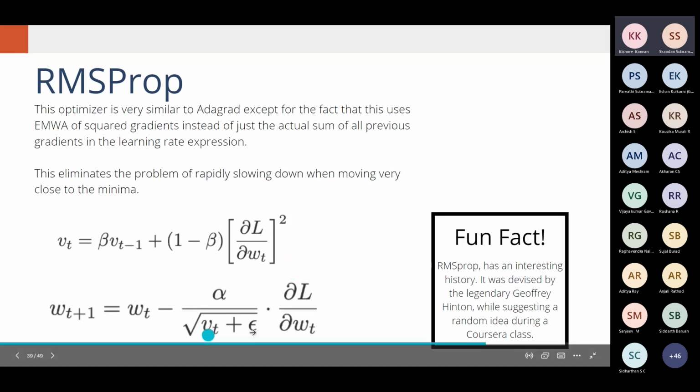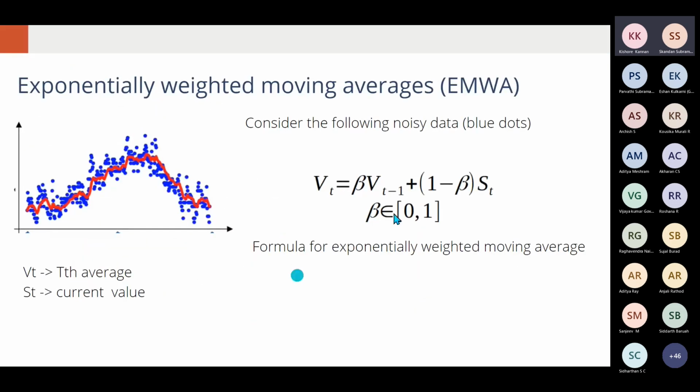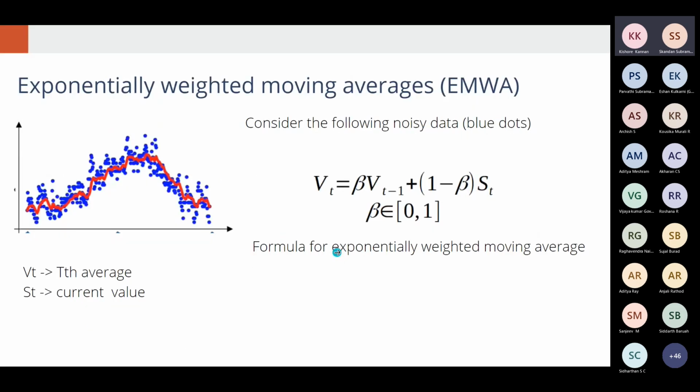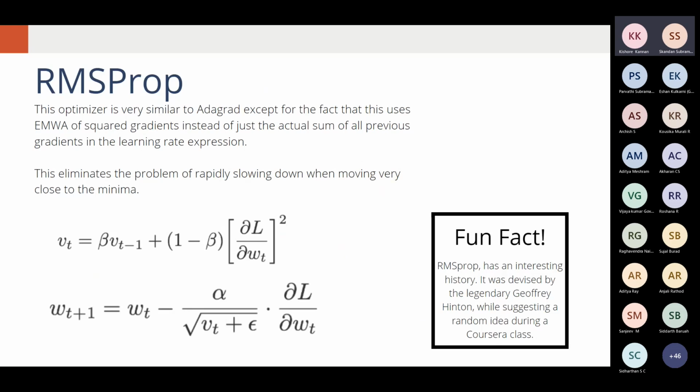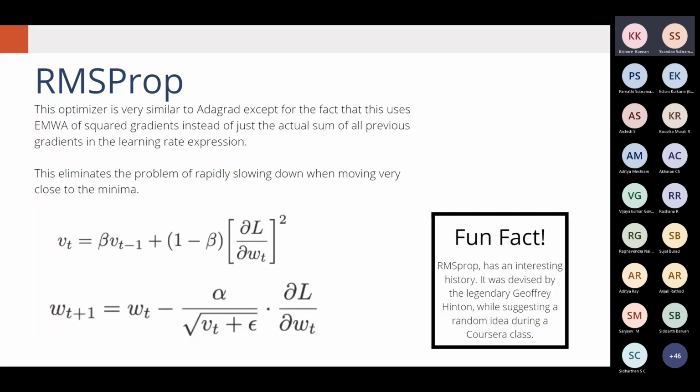Hence, this denominator will be smaller than the one we use in Adagrad, and so our learning rate will be higher, which means we can reach the minima faster than Adagrad. And that's RMS prop.